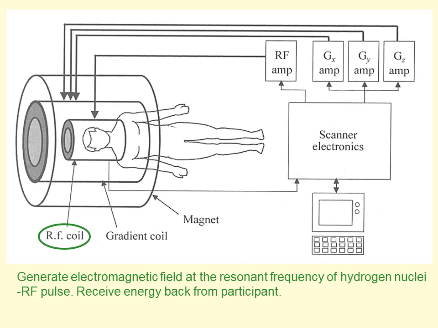Now, more specifically, what the radio frequency coil does is generate an electromagnetic field at the resonant frequency of hydrogen nuclei. Those, remember, are the hydrogen nuclei in the water molecules in your body.